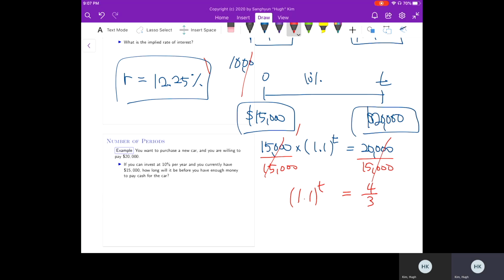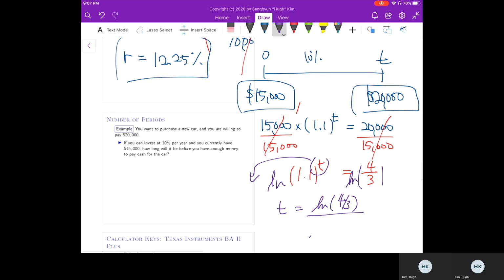Since t is in the exponent, we can take logs on both sides to knock this off. So t is log of 4/3 divided by log of 1.1, which is about 3.02 years.